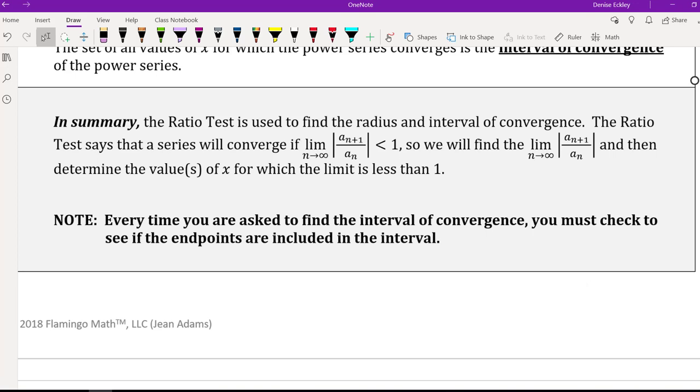So we're going to find that limit and then determine the values of x where that limit is less than 1. Every time we're asked to find the interval of convergence, you have to check the endpoints, because c is in the interval, but that doesn't necessarily mean the endpoints are. What happens at the endpoints?